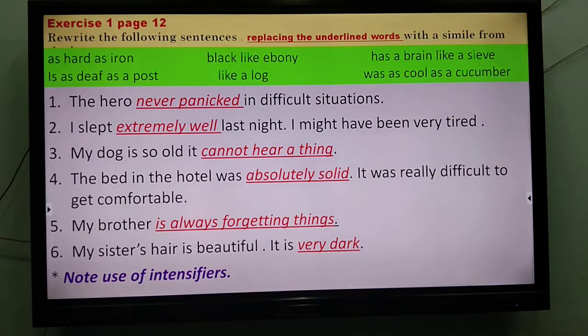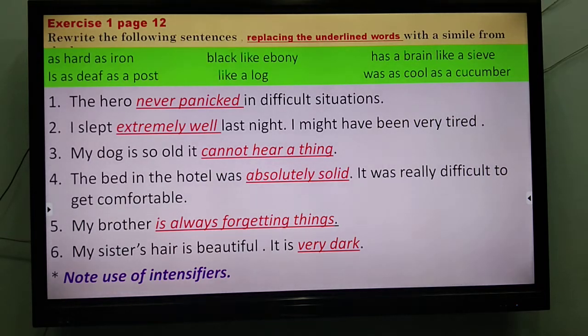Number 3. My dog is so old it cannot hear a thing, cannot hear anything. Number 4. The bed in the hotel was absolutely solid. It was really difficult to get comfortable. Number 5. My brother is always forgetting things. My sister's hair is beautiful. It is very dark.